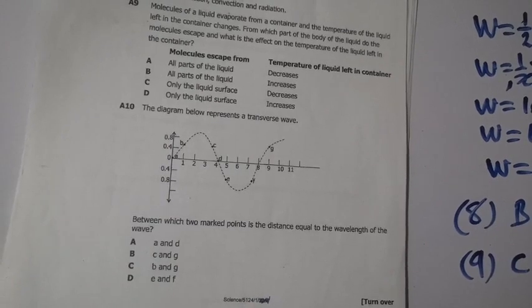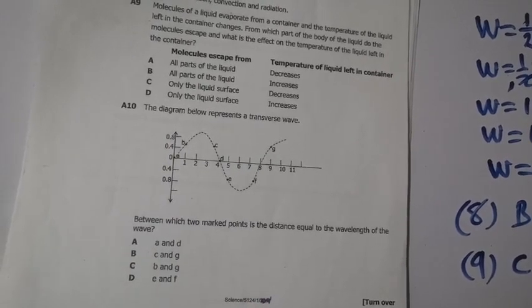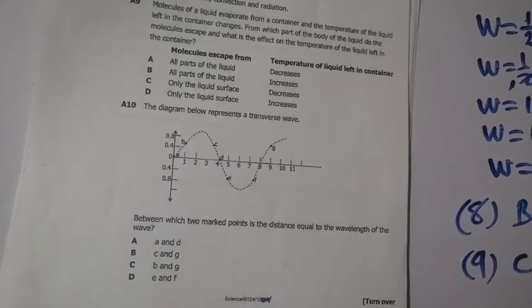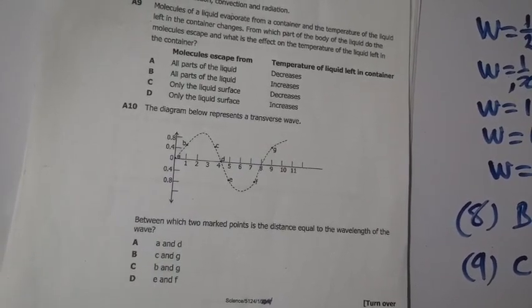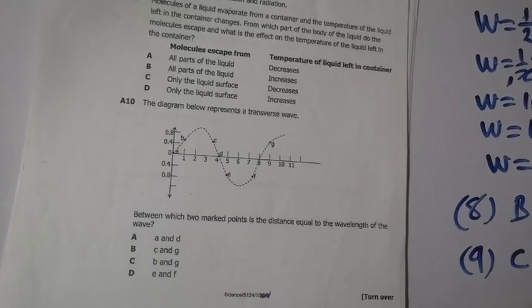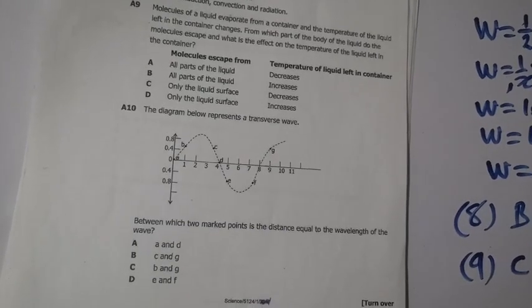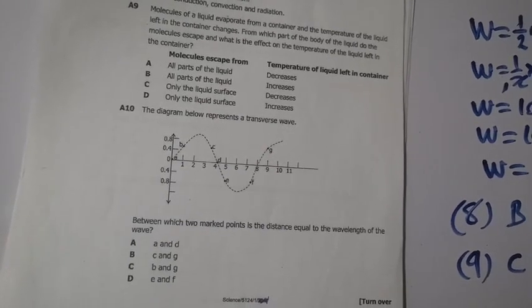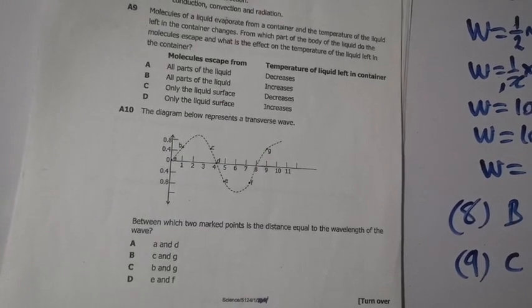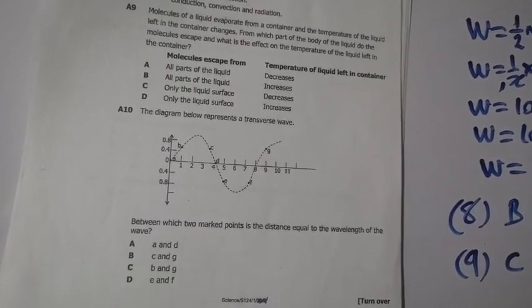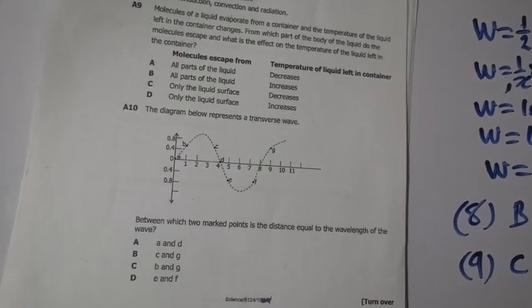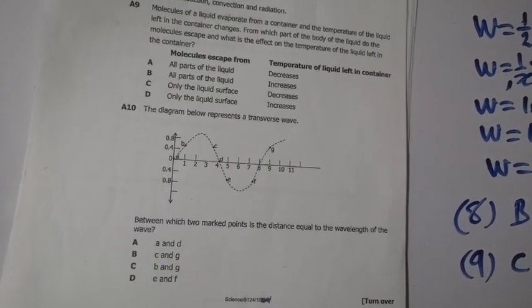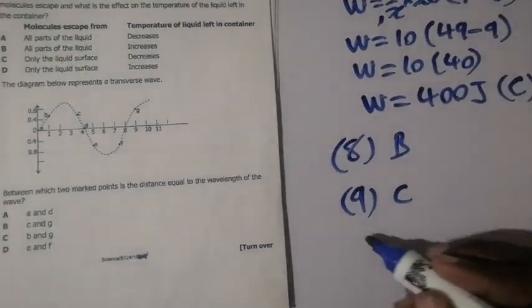It is not complete. We go to BG. So this one is close to the wavelength. Let's also check the last one, EF. So option A, option B, and option D are not correct. So it's option C. Number 10, it's C.